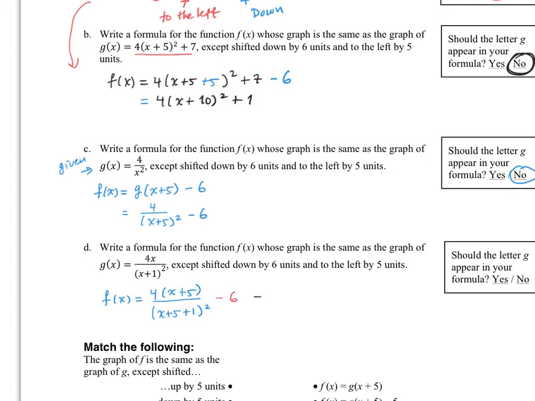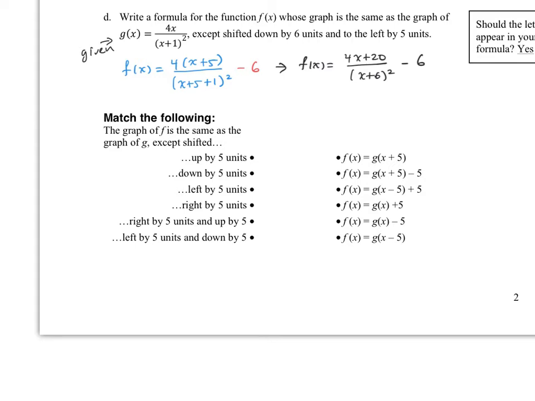So you simplify this, you end up with f of x equals 4x plus 20 divided by (x plus 6) squared minus 6, and that's it. This one also there is no g in the function because g is given.